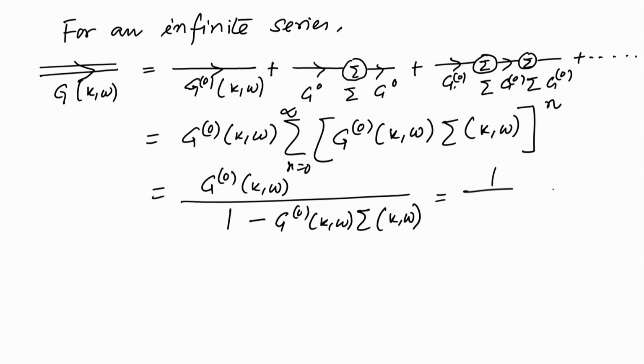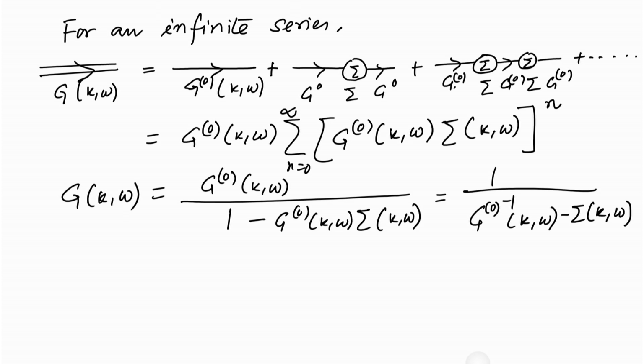It is equal to 1 divided by G 0 inverse k omega minus sigma k omega. So, this is called Dyson's equation.